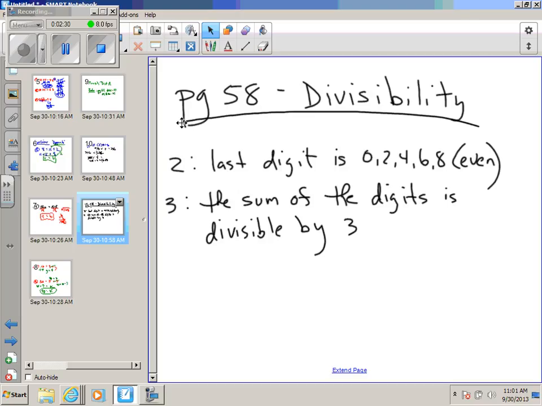The sum of the digits is divisible by 3. Sum, not some, means what? Tasnia. The answer to an addition problem, absolutely.